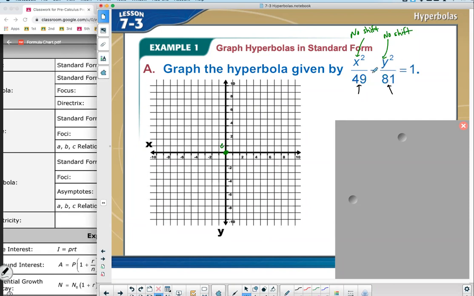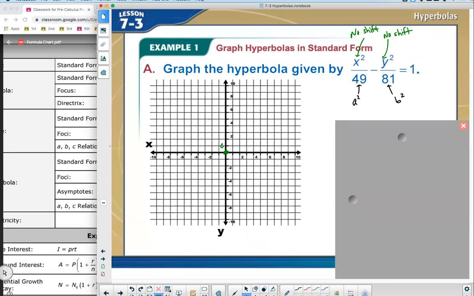But you kind of think of this fraction being a negative fraction. So what would you rather have in terms of money? Would you rather have $49 in your wallet, or would you rather owe your friend $81? Which one's better? To have the 49. So the positive fraction is always going to generate the a squared. The negative fraction is going to be the b squared.